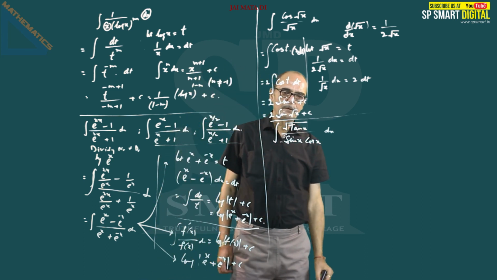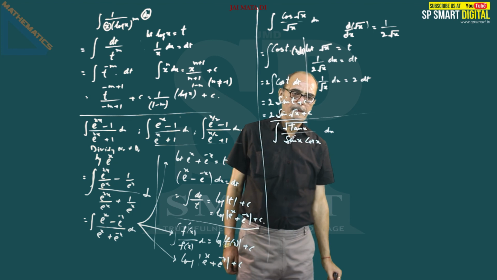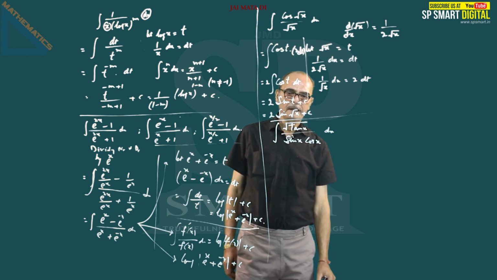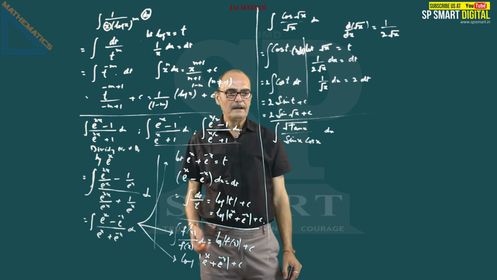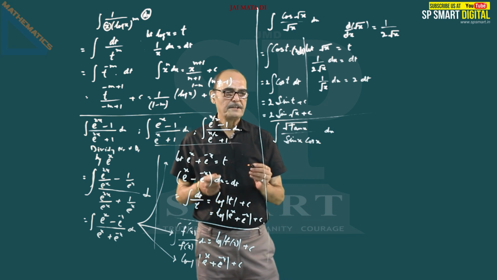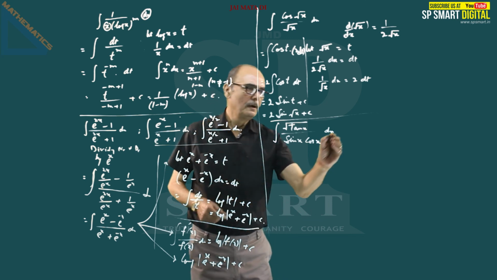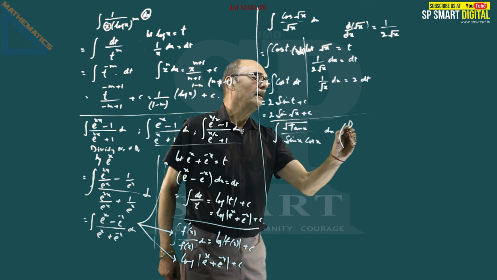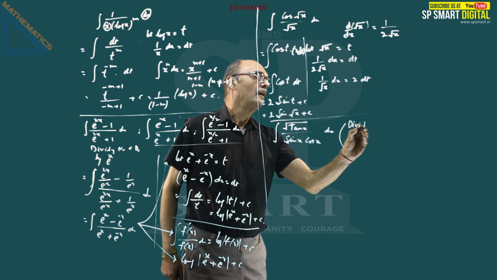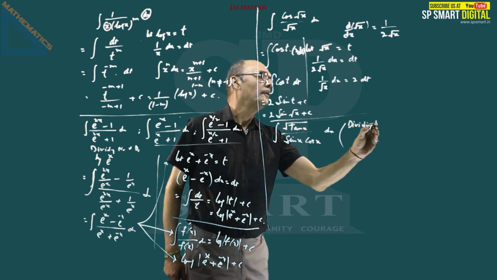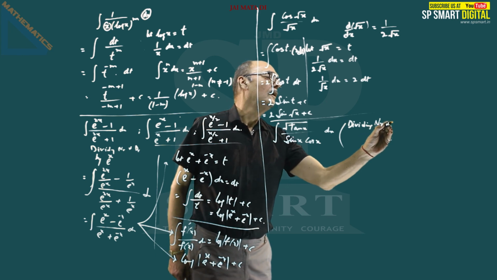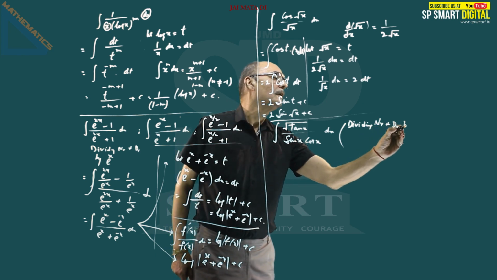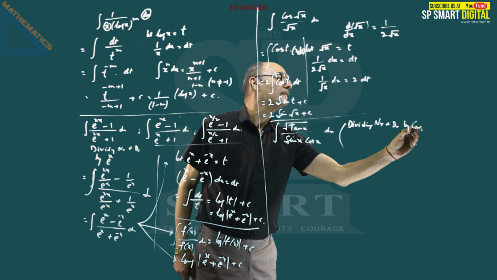They are a very popular problem. So, to put it in the standard form, what we do is divide numerator and denominator by cos square x.